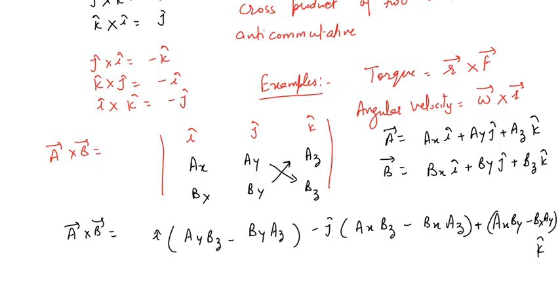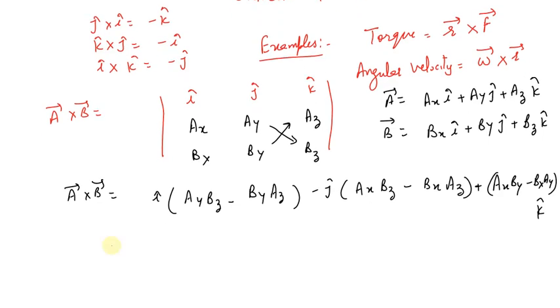Let us find an example. Find the vector product of two vectors.